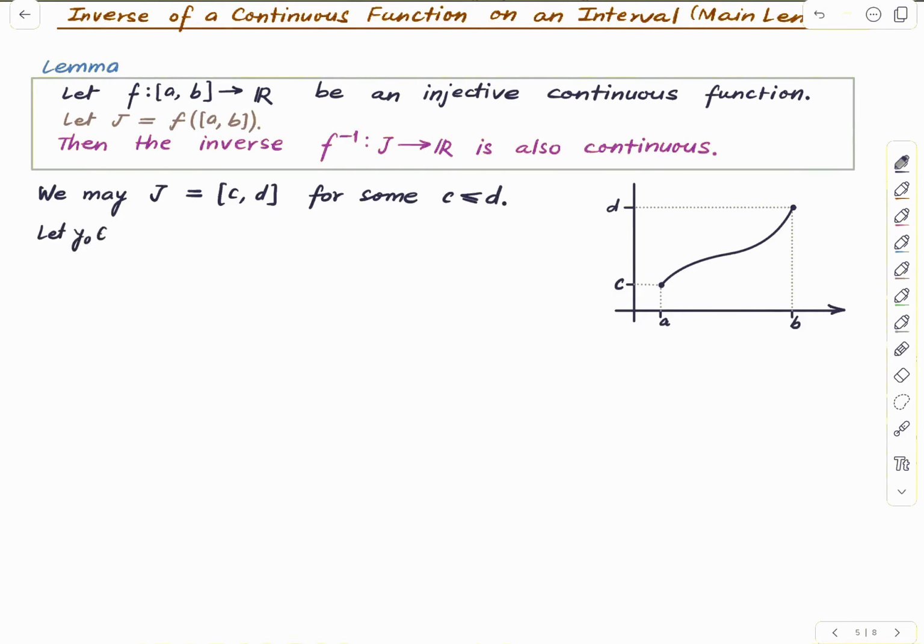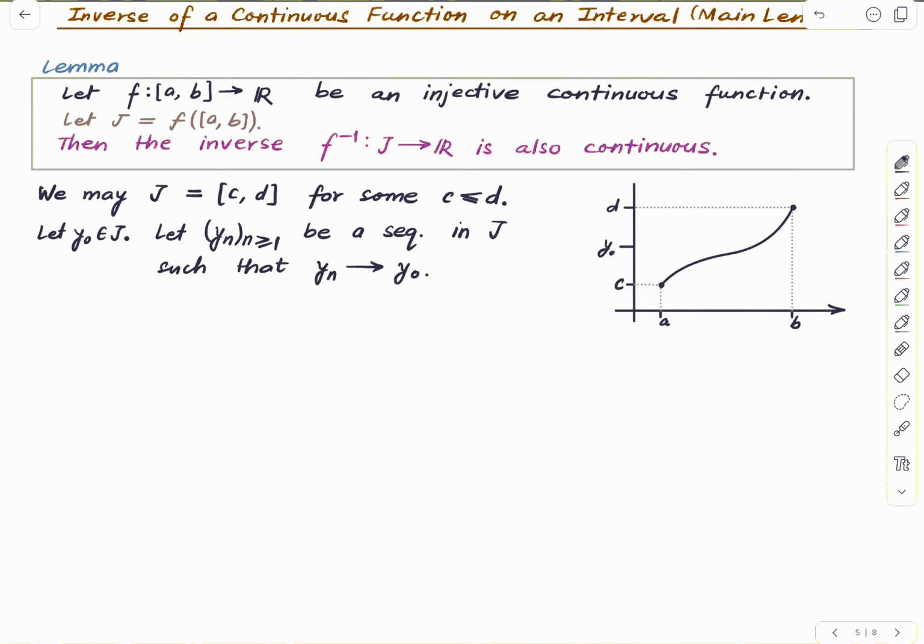in J, and in the figure I am denoting that here, and let yn be a sequence in J such that yn converges to y0.